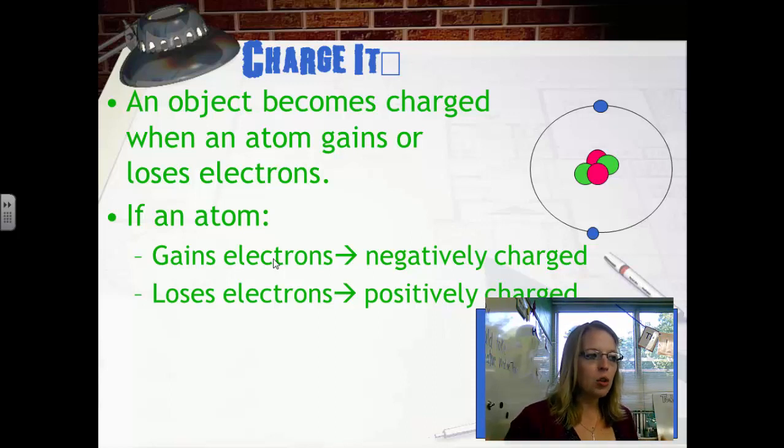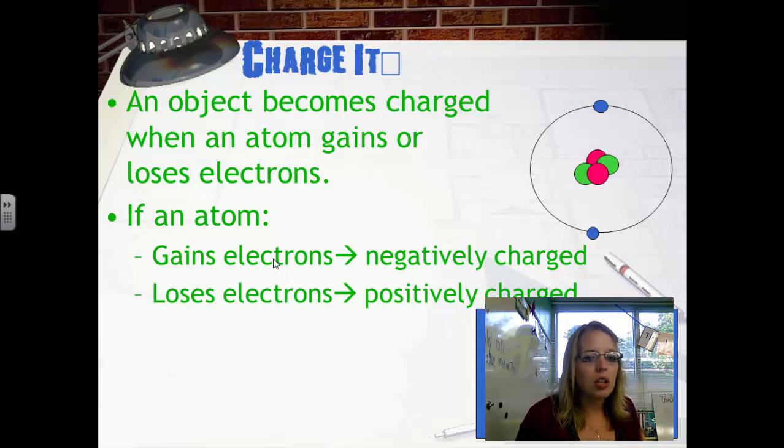If I lose electrons, I'm losing some of my negative electrons, so I become more positive. I kind of think of it like people. Sometimes there's negative people and positive people, and they can put their negativity onto you, or they could take some of your negativity.